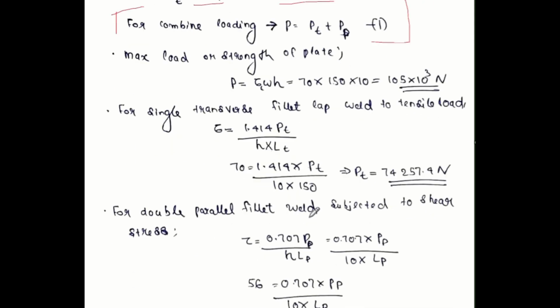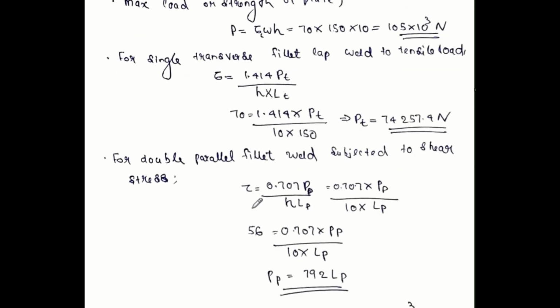Similarly, we need to find the load for the double parallel weld. I already told you it's subject to shear stress: the transverse weld is subject to tensile stress, and the parallel weld is subject to shear stress. This equation can also be found in the data book. We know all the values except LP.